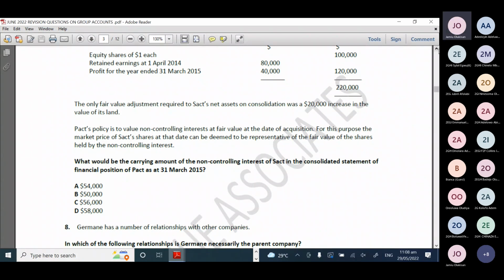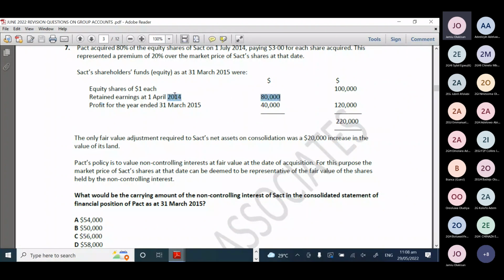Are you talking of this 80,000? No, the 100,000 and the 120,000. This is share capital. Oh, okay. And the profit of 120,000 is the summation of the profit at the beginning of the year plus the profit made during the year. And the only one we are interested in is that 40.